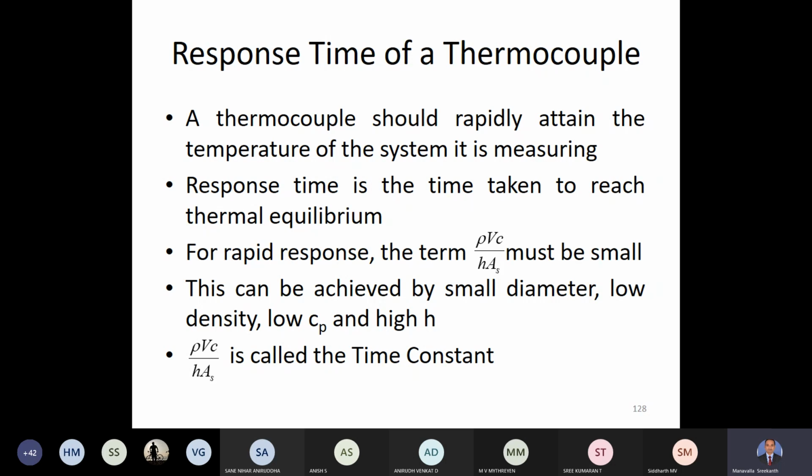This response time of a thermocouple again depends on the concept of a lumped system. A thermocouple is basically formed by joining two wires of different materials, and they are joined at this point. This is called the bead.